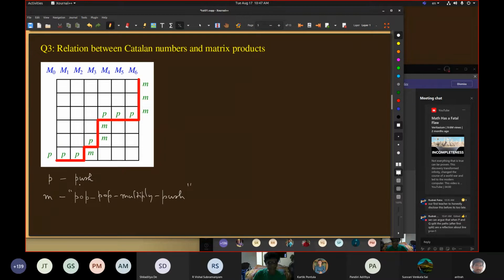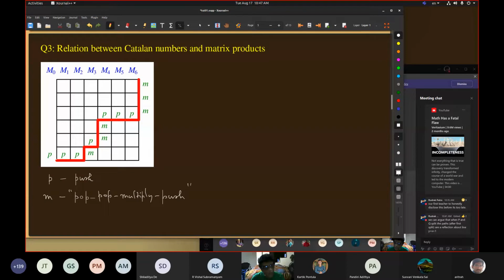Okay. So I start this process by pushing M0 unconditionally to the initially empty stack. Or you may think about the stack having M0 sitting at the top as the only element.